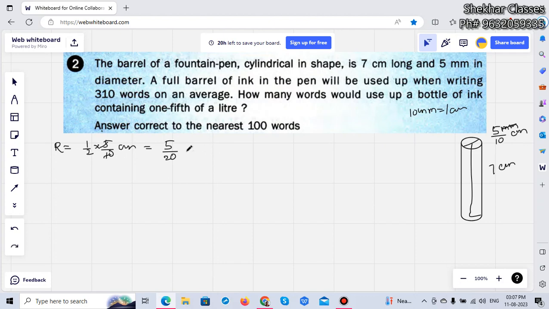So 1 upon 4 centimeter. This is the radius that we got. Height is 7 centimeter.